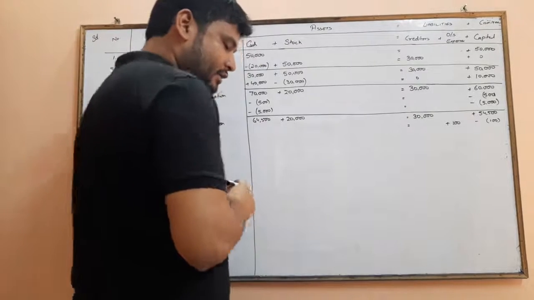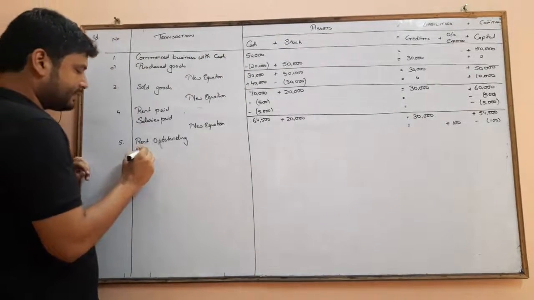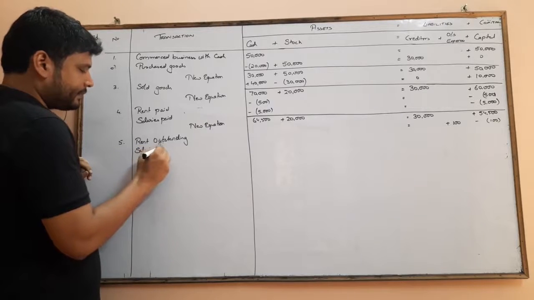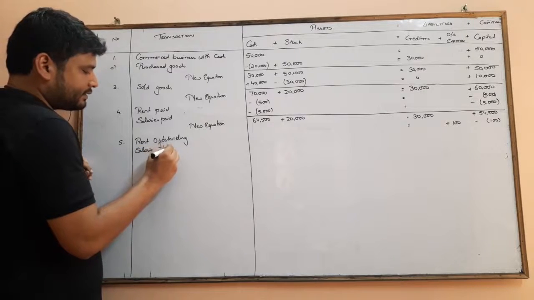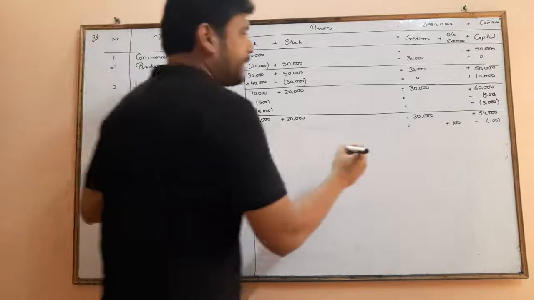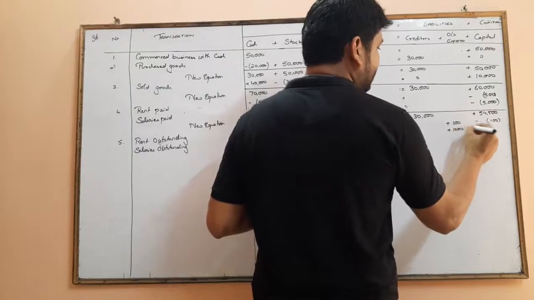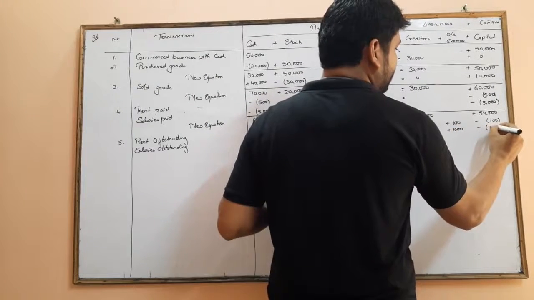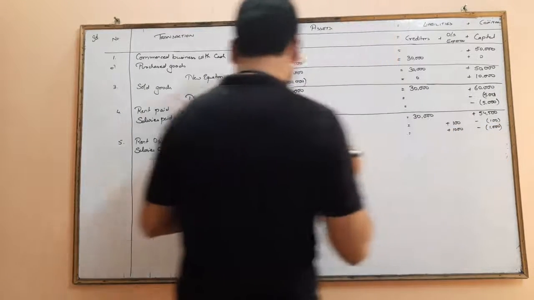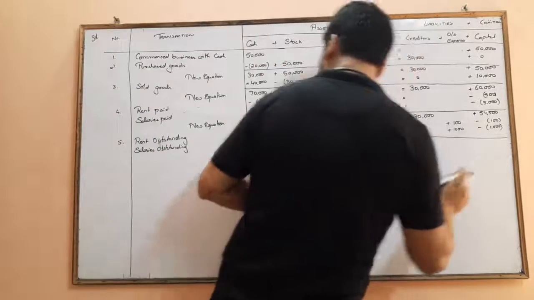And salaries outstanding rupees 1,000. So plus 1,000 in outstanding expenses and minus from capital, as it is an expense for me which I haven't paid till now.